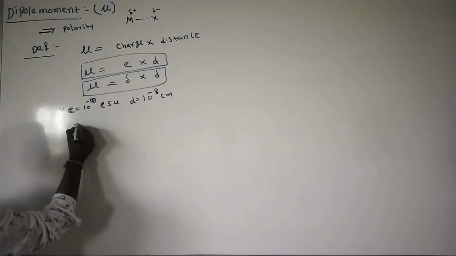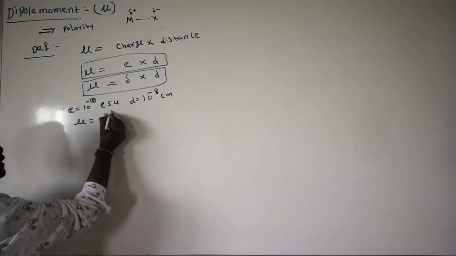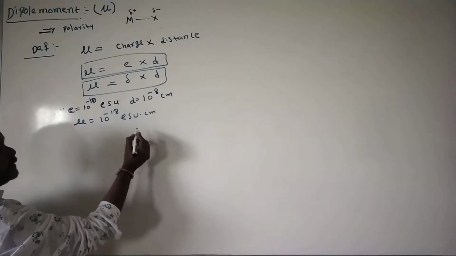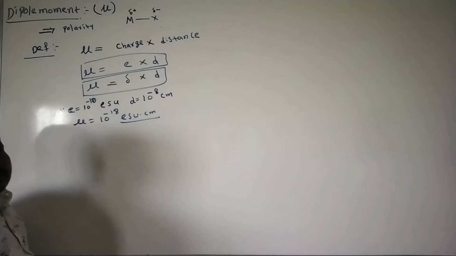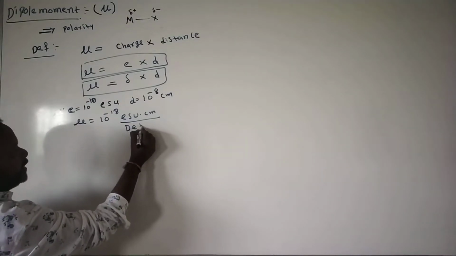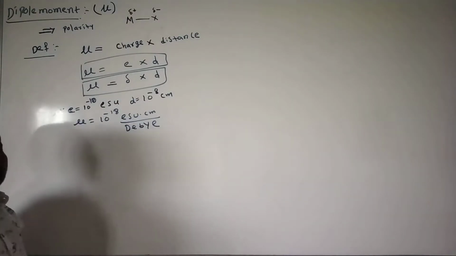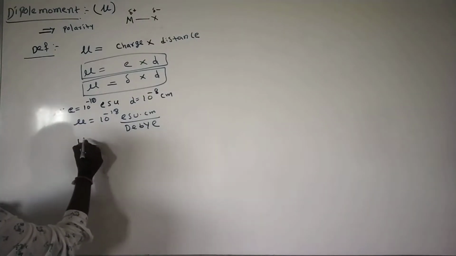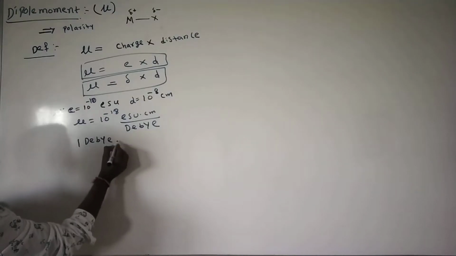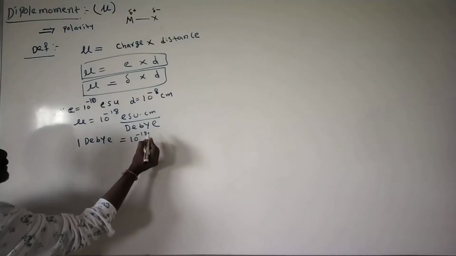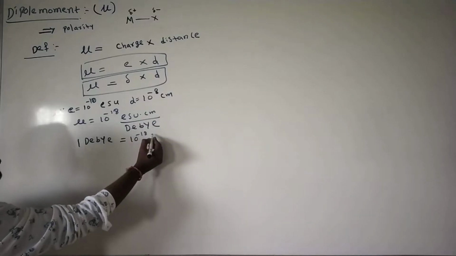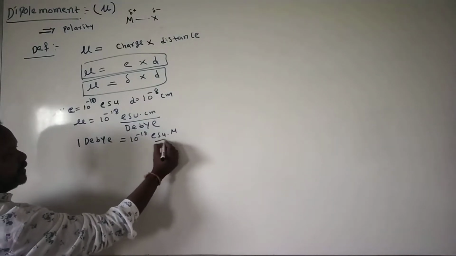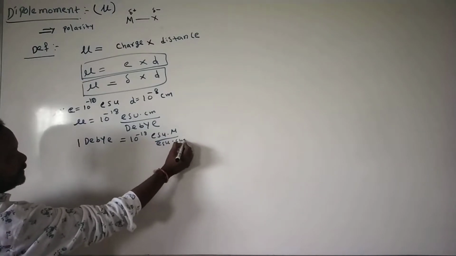Total mu is equal to 10 to the power of minus 18 ESU centimeters. ESU centimeters is called the debye. That means 1 debye may be considered as 10 to the power of minus 18 ESU centimeters.